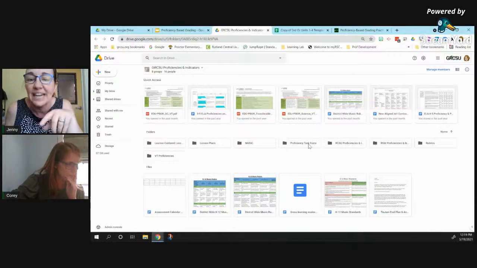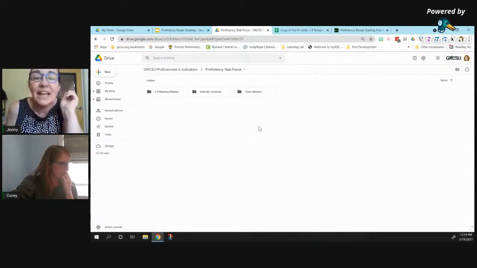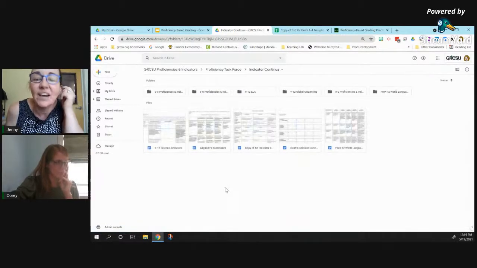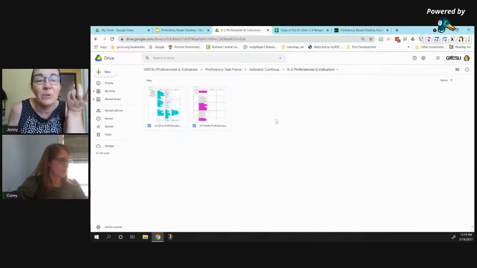That's the Proficiency Task Force. Let's make sure I'm right. And then I think it's the Indicator Continuum, I'm hoping. Yes. Okay. So in here, let's click on K-2 proficiencies and indicators. And now you have it broken down by ELA and math.